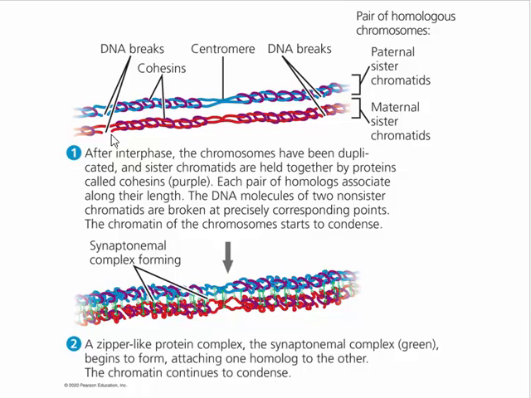Little nicks will get introduced into the 2 non-sister chromatids that are adjacent to one another. And they're directly across from one another. That's super important, right? These don't just randomly occur wherever, but they're occurring right across from one another. Here's the synaptonemal complex, these proteins that make this tight association. You've got these nicks here.